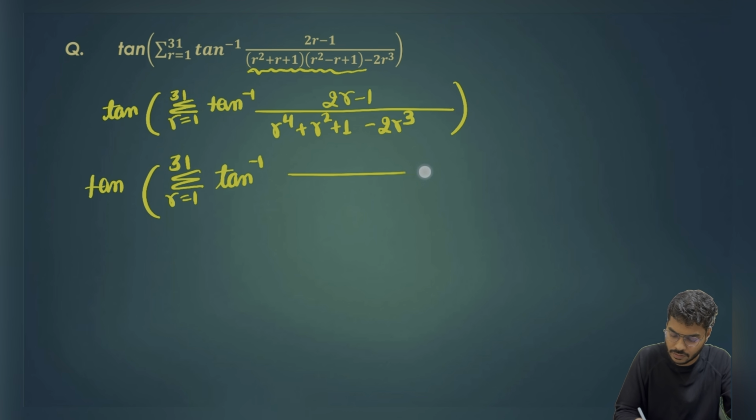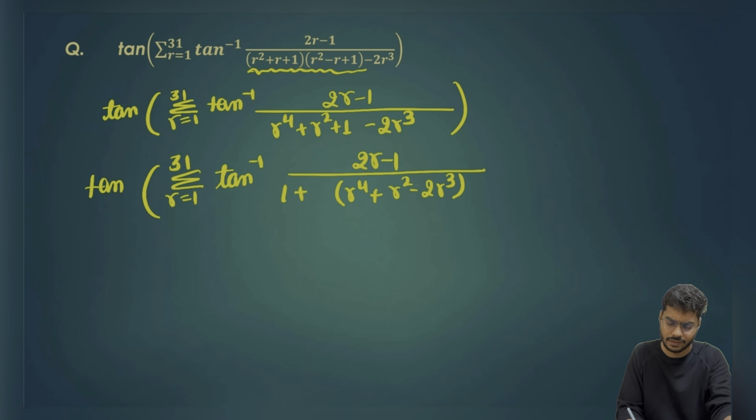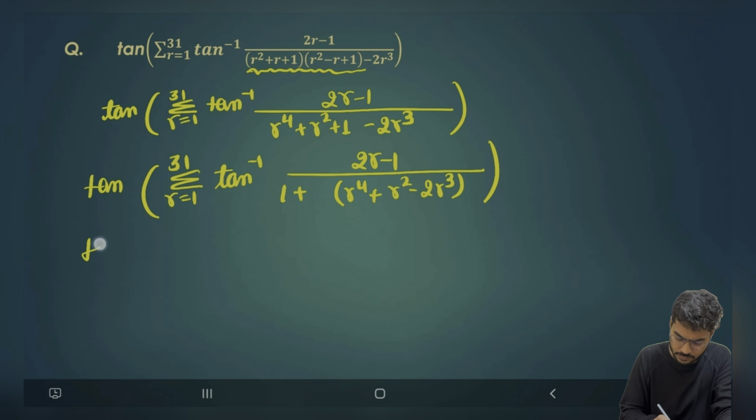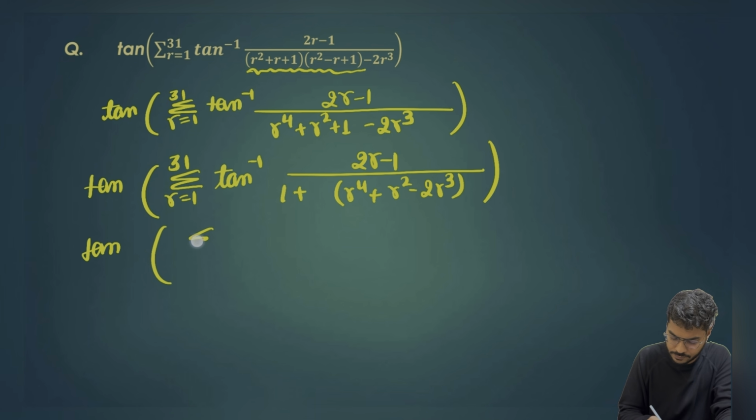Again, can I write this as 1 plus r to the power 4 plus r square minus 2r cube? Anything we can take common from the bracket? Can I take r square common?